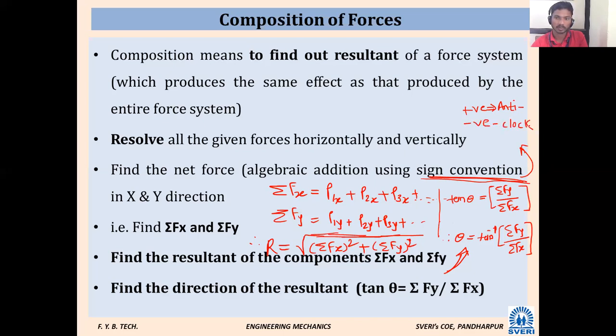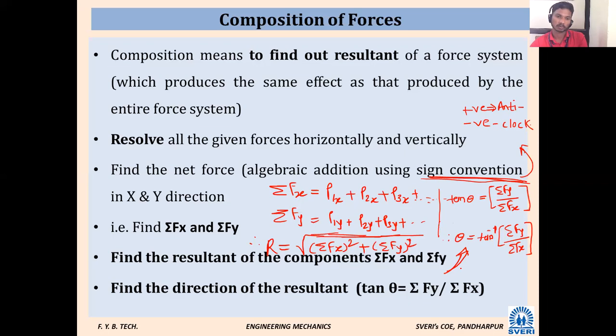So you also remember this. Once we start the problem, we will see. Meanwhile, if tan inverse of summation Fy divided by summation Fx comes positive, then go for anti-clockwise measurement of the angle. If it comes negative, then measure that angle clockwise. In that way, we will see.